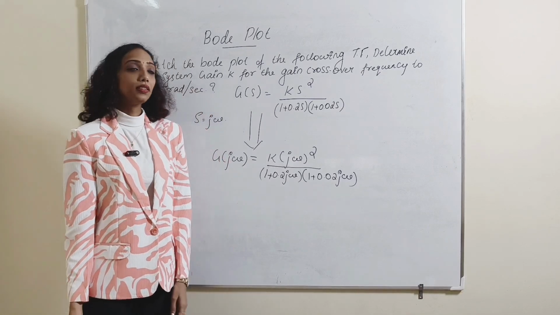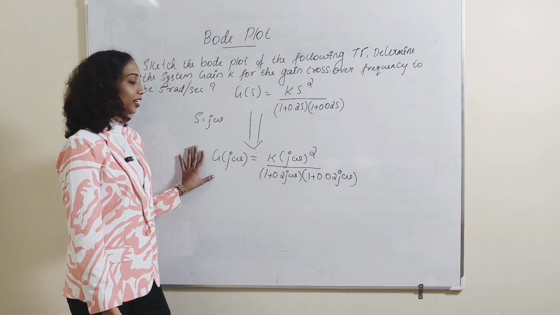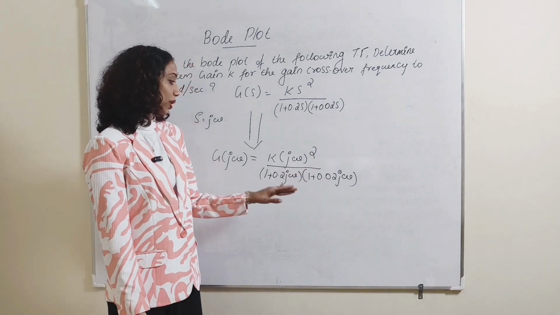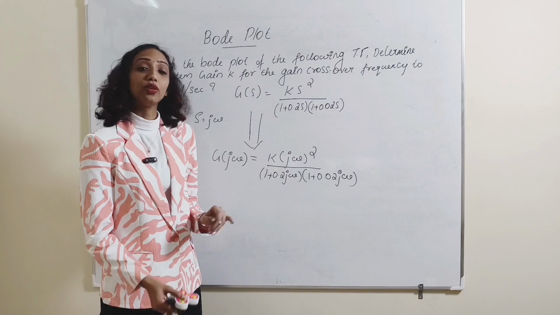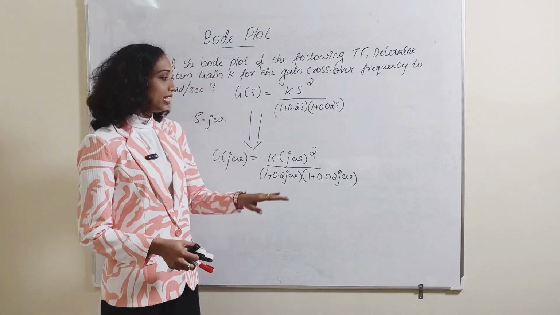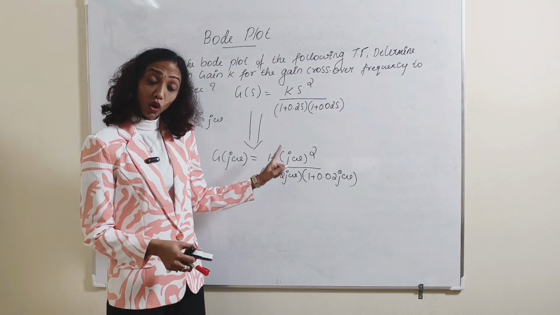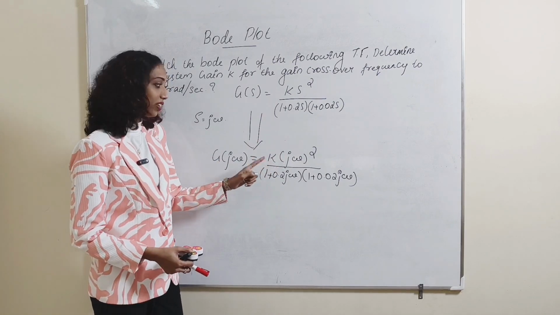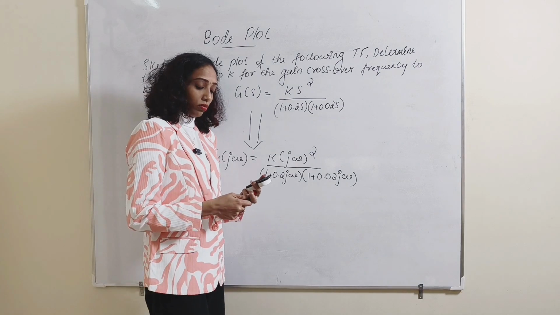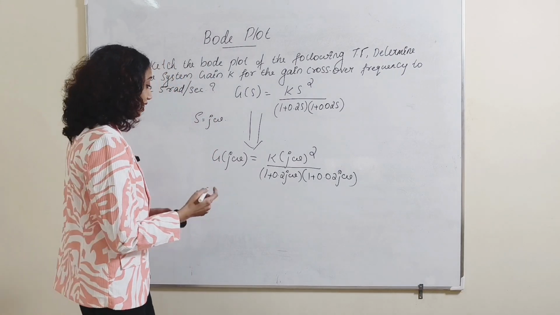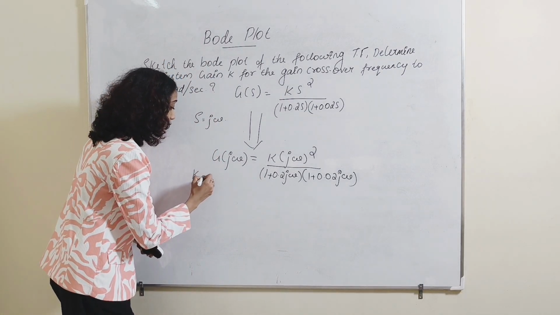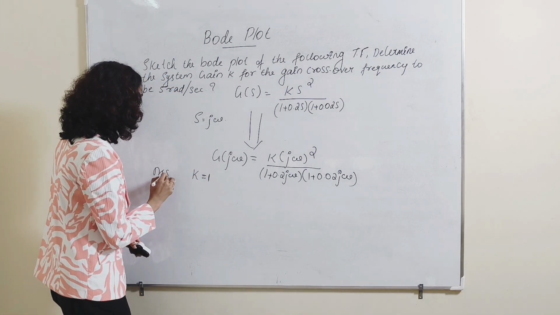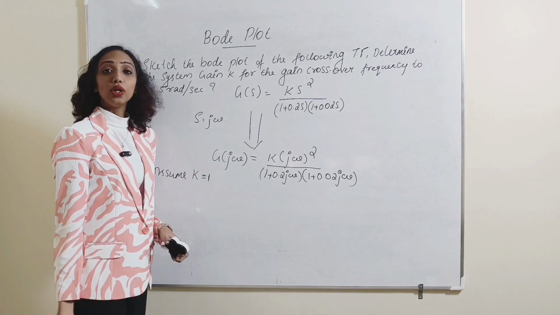The first step in this system: here we have G of j omega is equal to K into j omega the whole squared divided by 1 plus 0.2 j omega into 1 plus 0.02 j omega. It is clear that one constant called K is here, right? So we are not able to proceed to the next step having this K. For that reason, we assume the constant K is equal to 1, or unity.